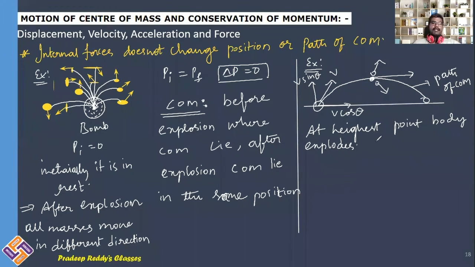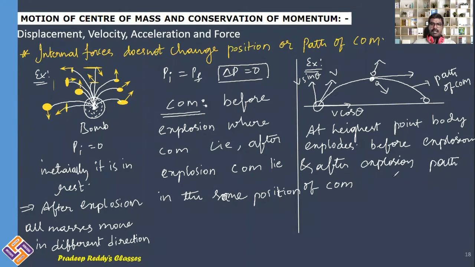So even though particles are individually moving in different directions, the path of the center of mass does not change. So before explosion and after explosion, the path of the center of mass will remain the same.